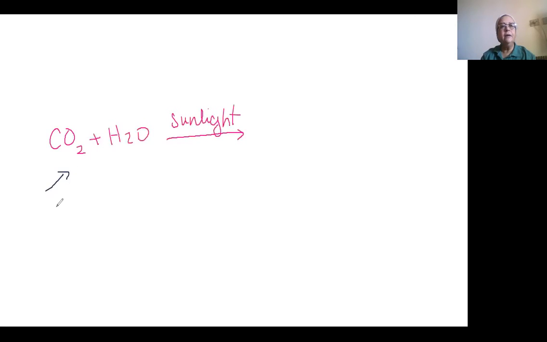It comes from the air. Water, where does it come from? It comes from the soil. And of course, the sunlight comes from the sun. So these organisms take the carbon dioxide and the water, which are simple inorganic materials from nature, together with the sunlight, to produce complex organic materials, which are called carbohydrates.